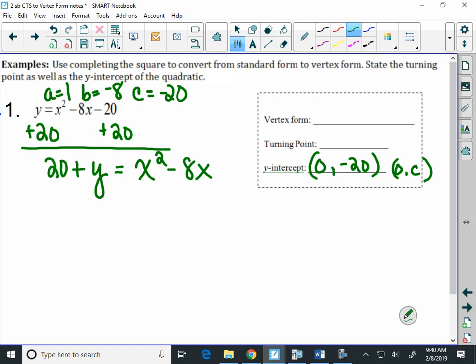The nice part on this one is there's no number in front of the x squared. So we don't have to worry about step 2, because it says in order to use completing the square, our leading coefficient must be 1. It already is. So we can go directly to plus something.